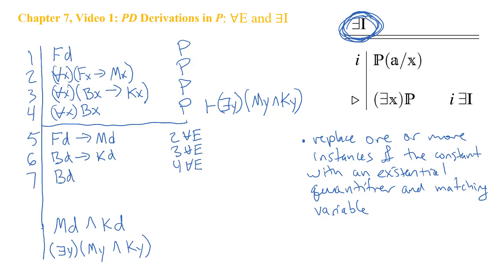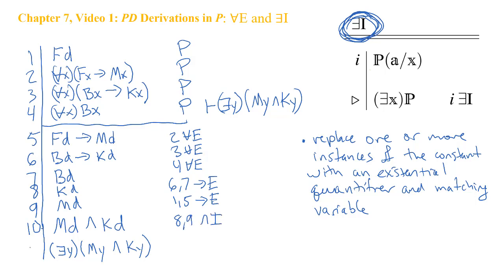And then 2 quick arrow eliminations, 6 and 7, together get me Kd by arrow elimination. And then 1 and 5 get me Md. And those two together will give me this, which is now line 10. It's 8 and 9 conjunction introduction.